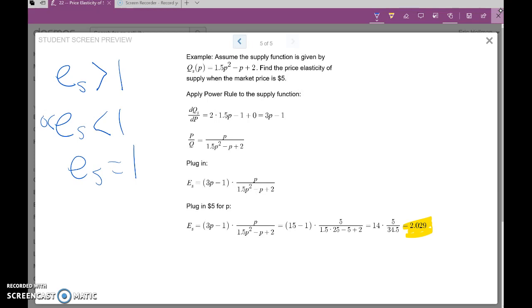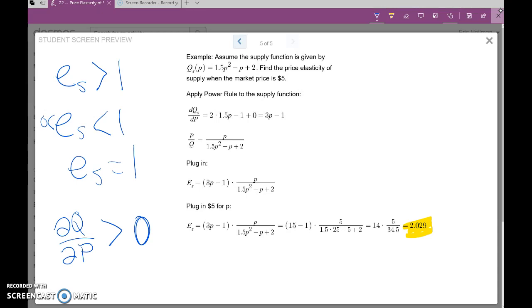So from the supplier side, when price goes up, you will always want to supply more. So the price elasticity of supply will always be positive, as opposed to the price elasticity of demand, which is always negative.